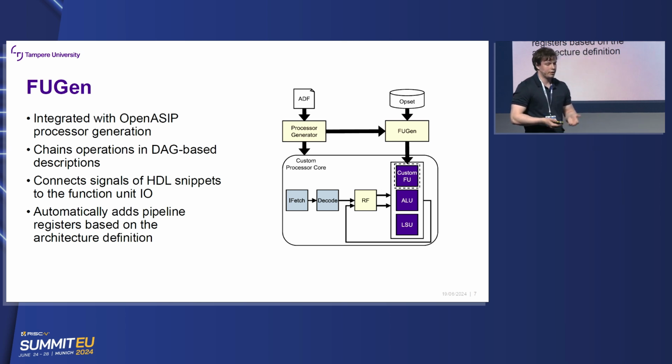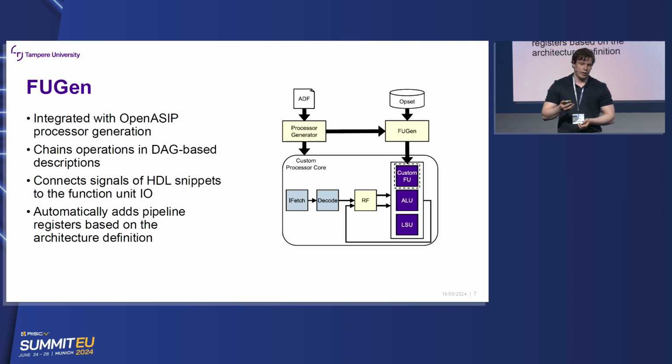What it does is it chains these basic operations from the DAG descriptions, and for the RTL snippets, it embeds them in the function unit pipeline. And it can also automatically add register pipelines for your operations based on the latency parameters that the designer can choose. And when the function unit is generated, it's integrated into the rest of the processor pipeline automatically.